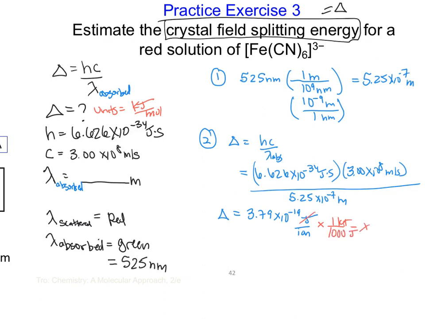And so my units of joules cancel, times one more conversion to convert ions to moles. So I know in 1 mole, I have 6.022 times 10 to the 23rd, so Avogadro's number of ions. And now I can see my ions cancel. And now when I multiply and divide through, I end up with 228 kilojoules per mole of ion.